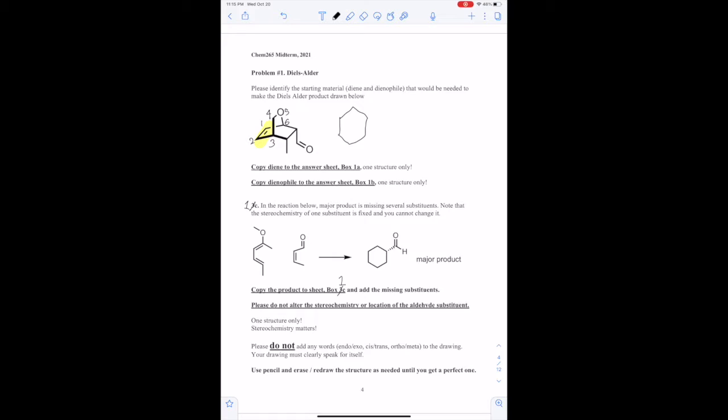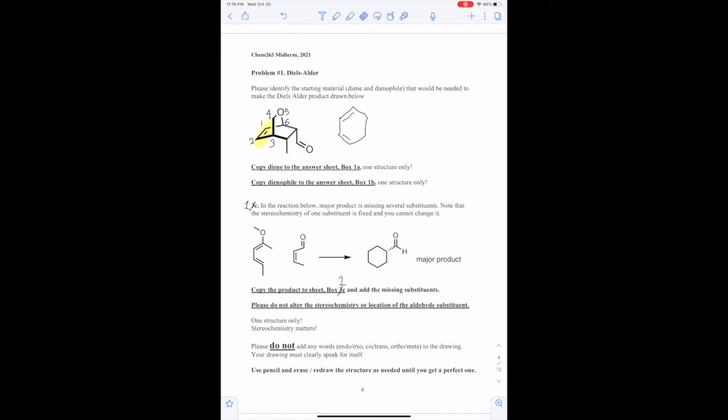And then now we can place the double bonds. Usually in the diene, if you see the double bond here in the product, that means your reactant double bonds are right there, because we're moving one of the double bonds into that position while we're doing the reaction. Okay, so that's like almost half of it.